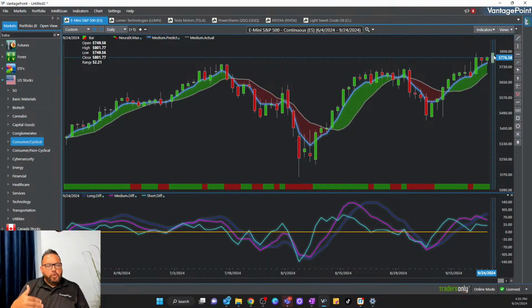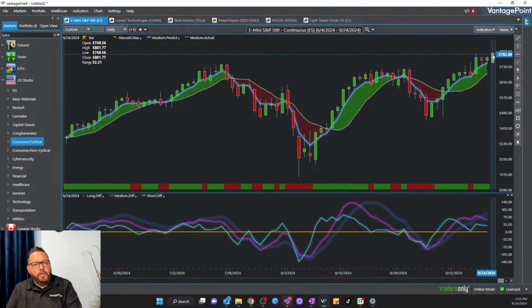So you can reduce your premium slightly by not having to buy as deep in the money, right? You can pick a good delta. As long as it's touching that gray candle, then you know that the likelihood that that price gets hit the next day is very, very high. So options traders love using this because it can help reduce premiums, increase accuracy, and reduce time decay because it's identifying trend reversals before they actually reverse.